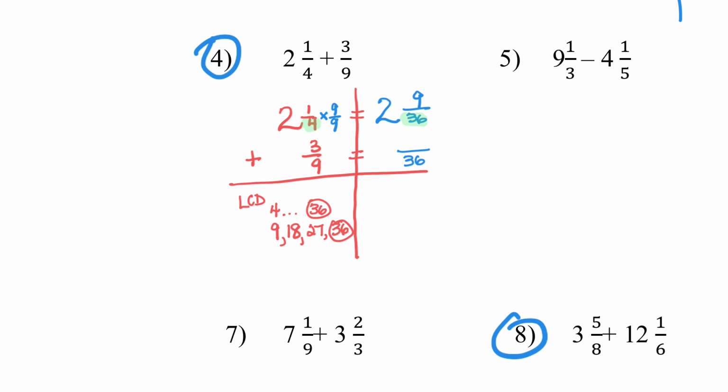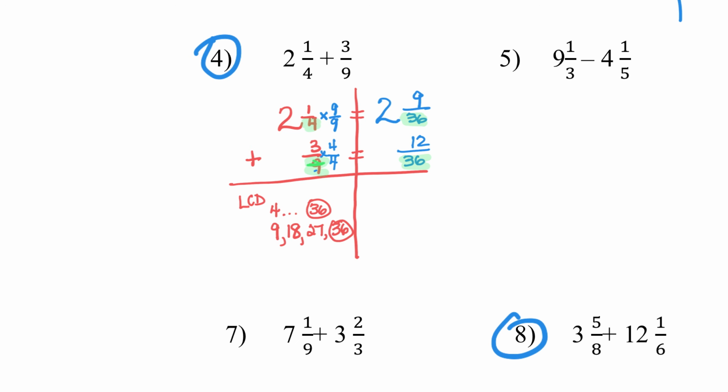Now for the next one, I say to myself, how many times does 9 go into 36? 9 goes into 36 4 times. I'm going to multiply this simply by 4/4. 9 times 4 is 36. 4 times 3 is 12.